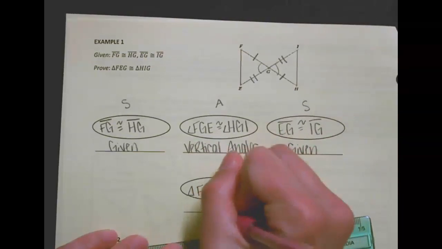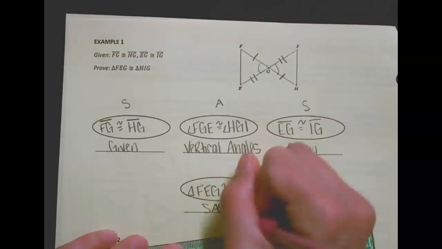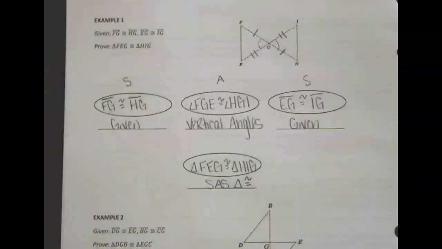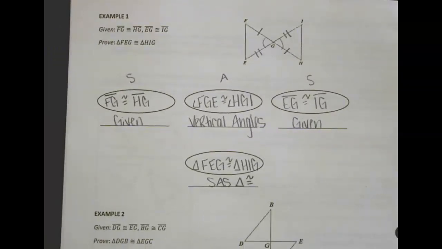From side, angle, side, triangle congruency. Boom. Oops, sorry. So I have just proved that the two triangles are congruent using side, angle, side.